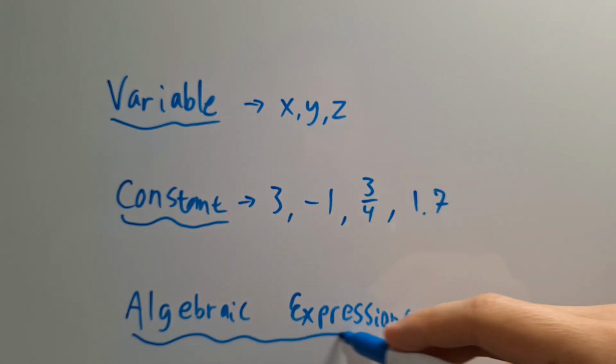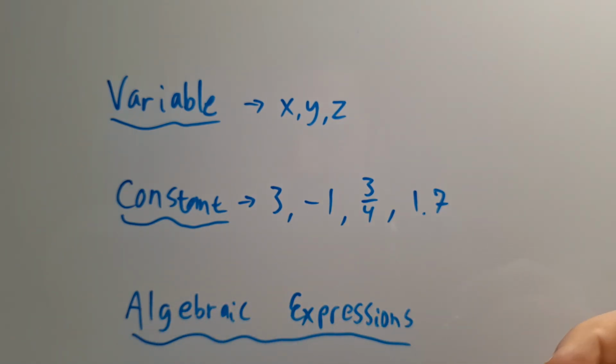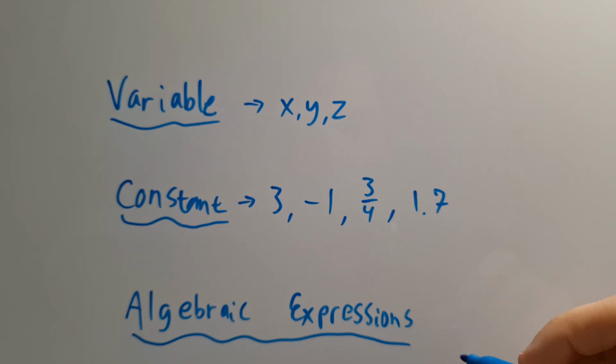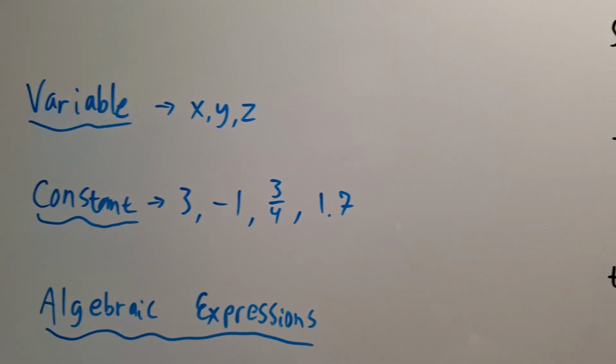So, algebraic expressions are a collection of variables and numbers under operations such as addition, multiplication, division, subtraction. They are mathematical phrases that can include numbers, variables, and those operation symbols that I just mentioned. So let's take a look at a couple of examples.